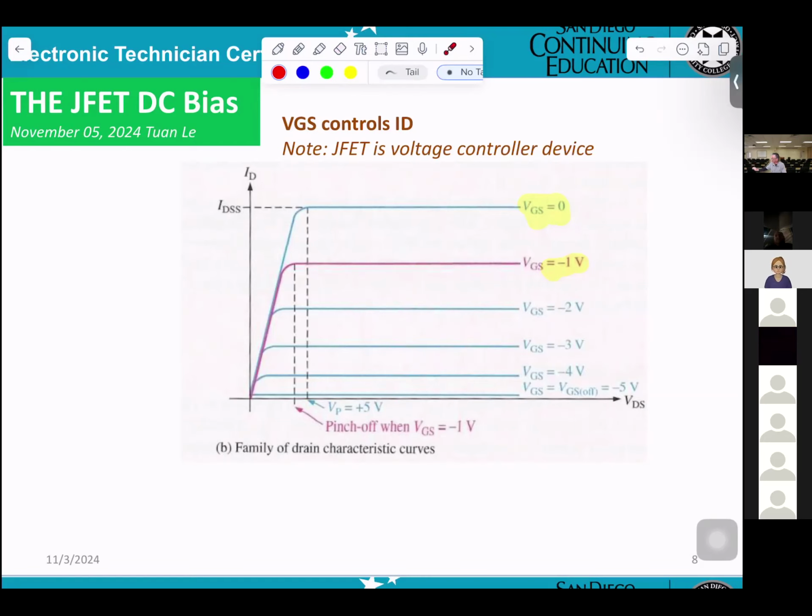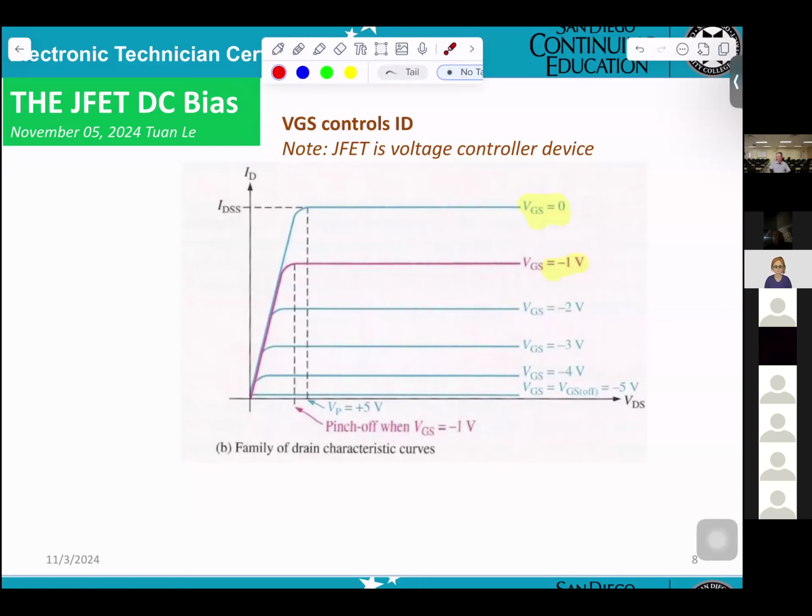So this will tell you one thing: the JFET is controlled by VGS. With a different VGS, you get a different current ID and a different VDS. The JFET is a voltage device, a voltage controller.